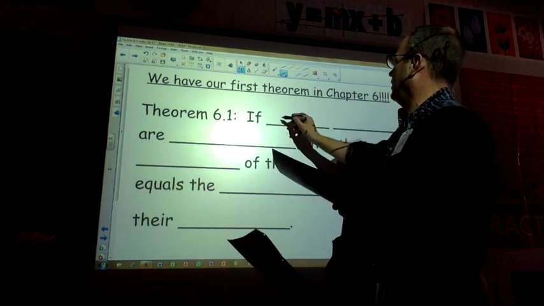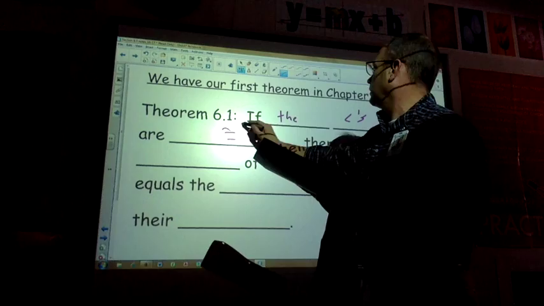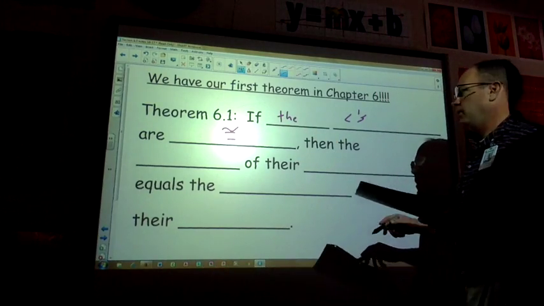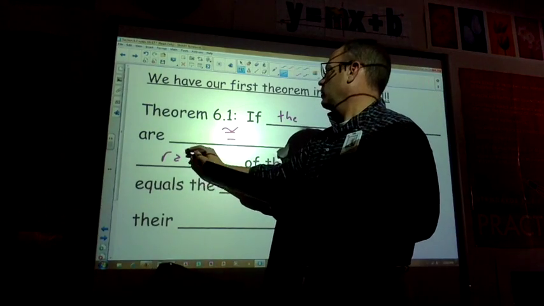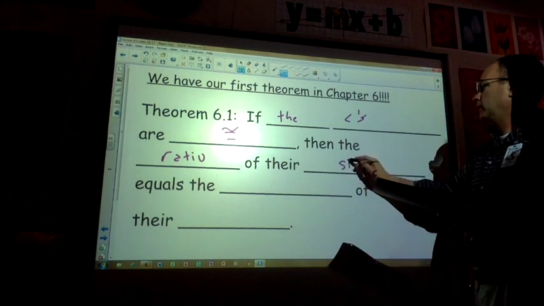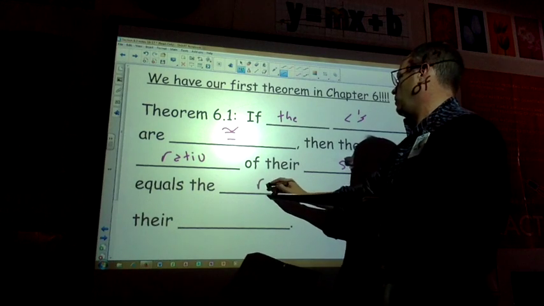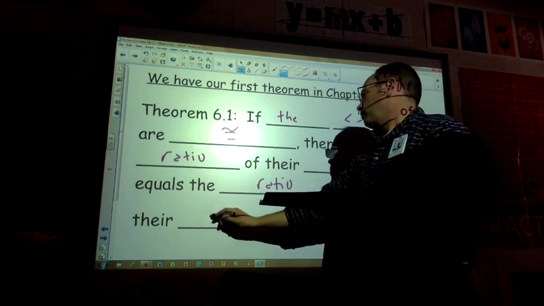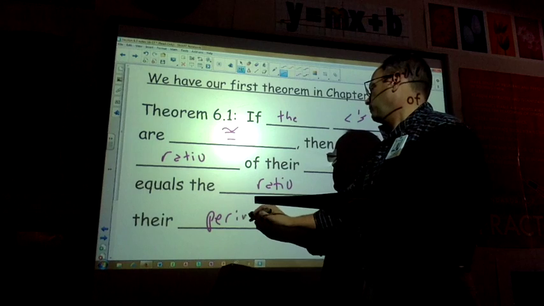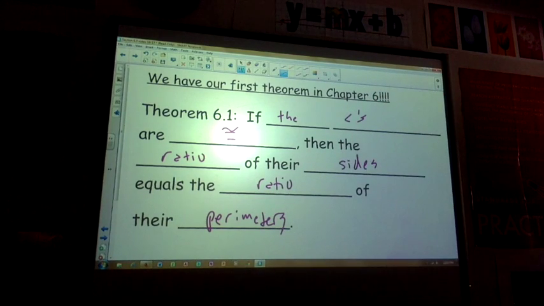So maybe this: if the angles are congruent, then the ratio of their sides equals the ratio of their perimeters. Sound okay?